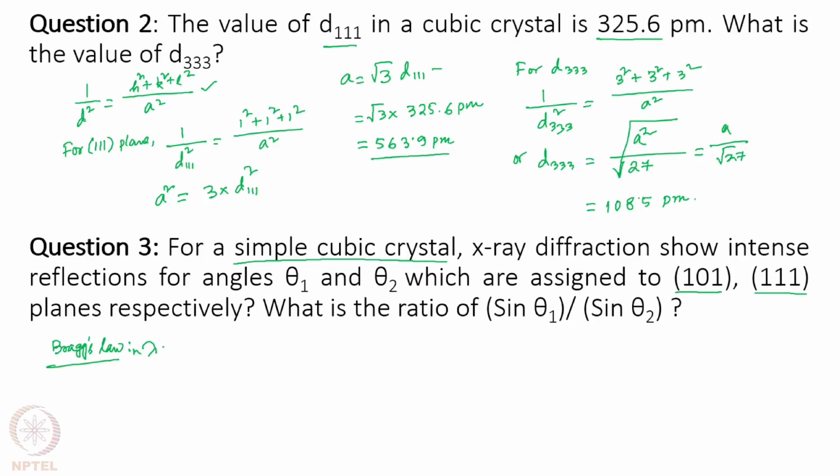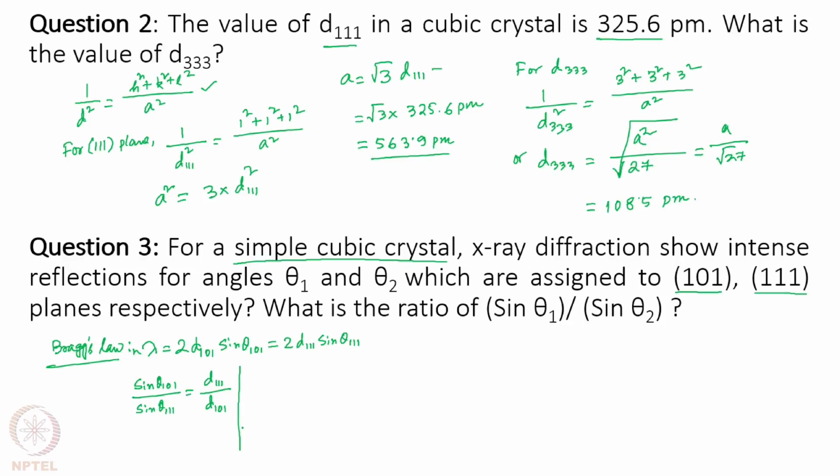N lambda is equal to 2D101 sin theta 101 is equal to 2D111 sin theta 111. So that means if we want to calculate the value of sin theta 101 by sin theta 111, we need to calculate the ratio D111 by D101.